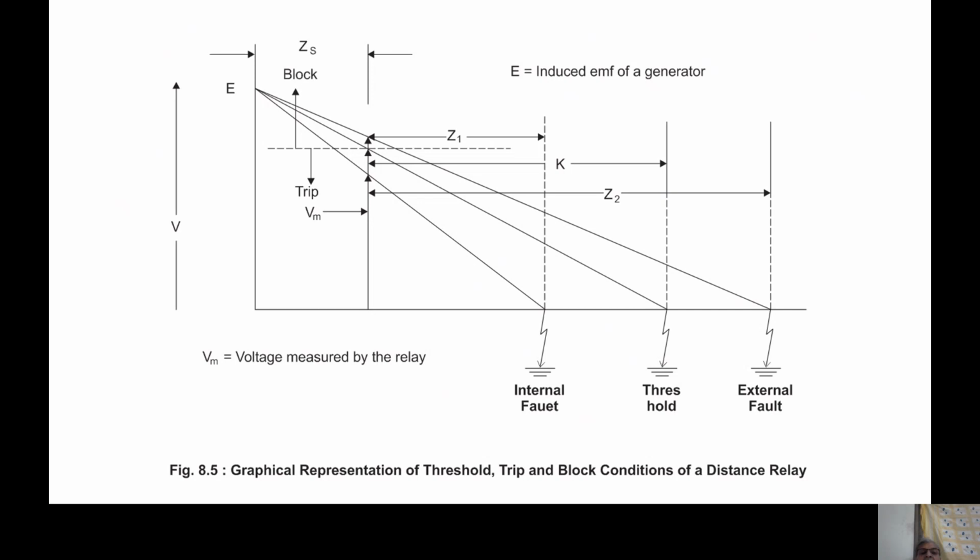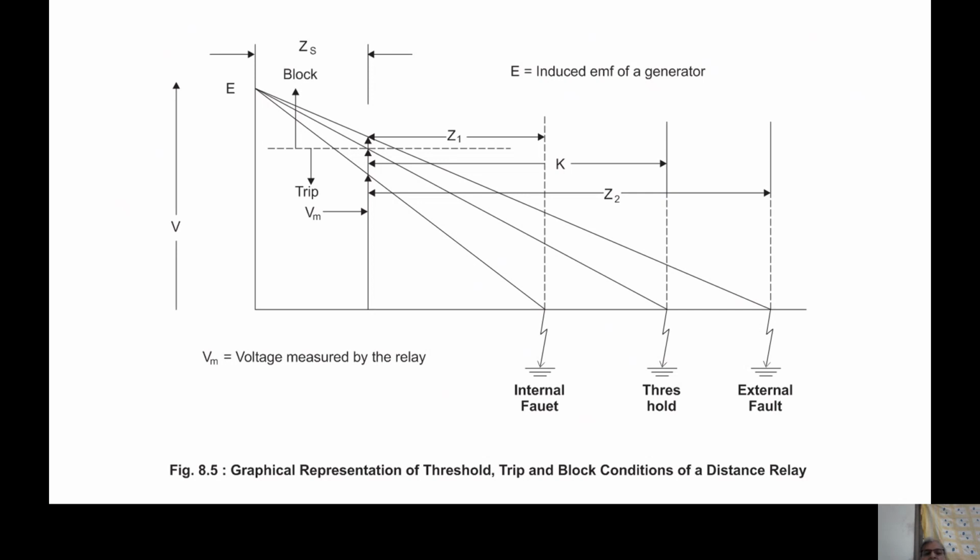So when an internal fault occurs, where is my relay? The location of the relay is shown. The relay is not near the generator, it is on the line, so it is somewhere on the distance axis. At that point, you see the measured voltage is Vm for the threshold condition, right?